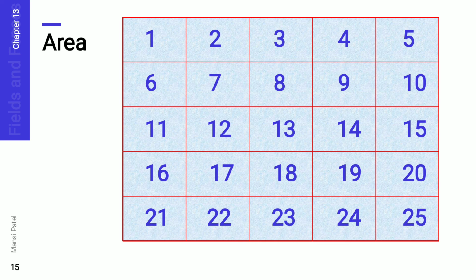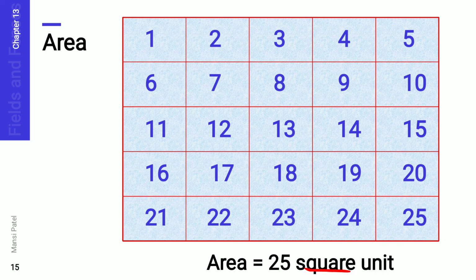There are a total of 25 boxes. So what is the area of this figure? The area of this figure is 25. And since we are finding the area, we put square here, and we don't have any units like 1 centimeter, 1 millimeter, 1 meter, or 1 kilometer. No, we don't have any of that, that's why we write square units.